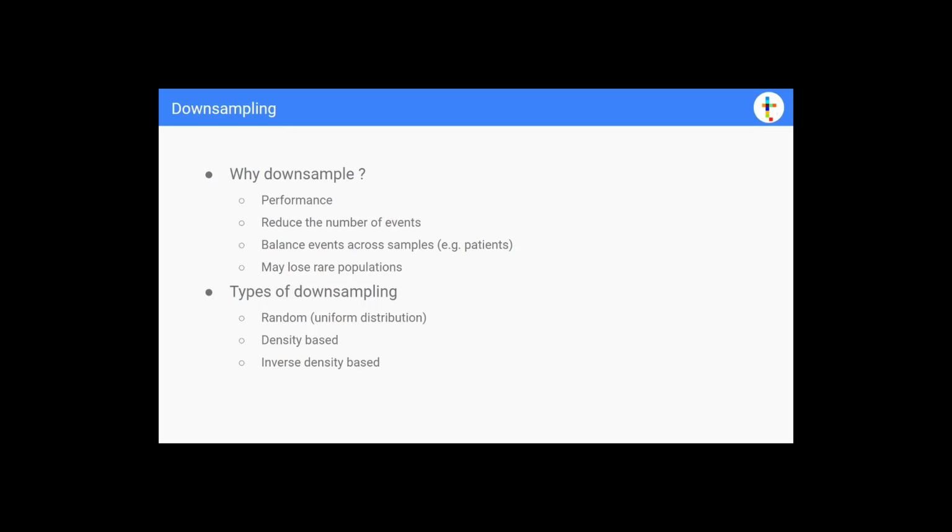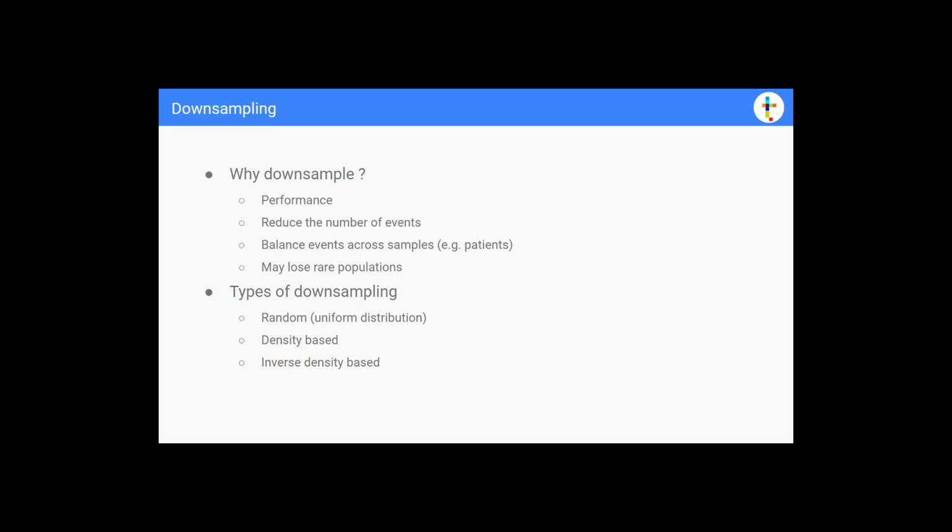There are different ways of doing it. You can just randomly choose a set of measurements to remove. That's the random uniform distribution, we call it. You can also do density-based, meaning that for more frequently measured values, you would remove those. Think of a histogram. You would focus on the parts of the data that had the higher counts, or the more frequent measurements.